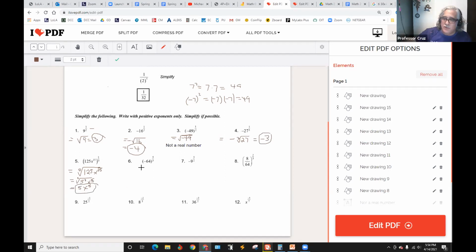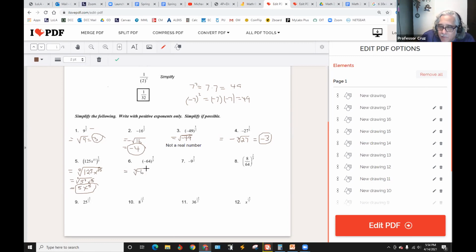All right, so the next ones are all going to have numerator and denominator. So this is a third root down there in the bottom, and the whole thing is inside the third root. The negative and the 64.